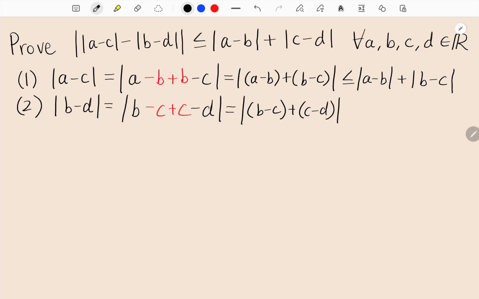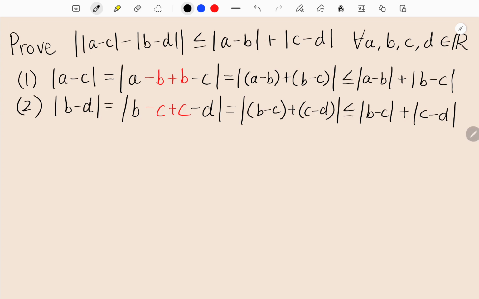Again applying the triangle inequality, this is less than or equal to the absolute value of b minus c plus the absolute value of c minus d.